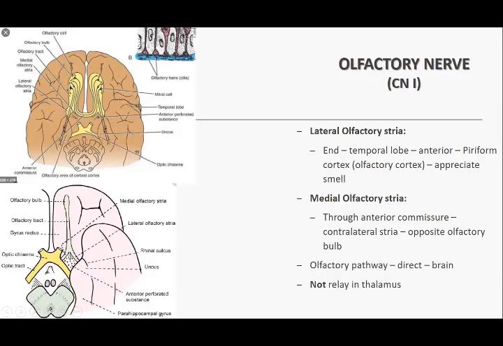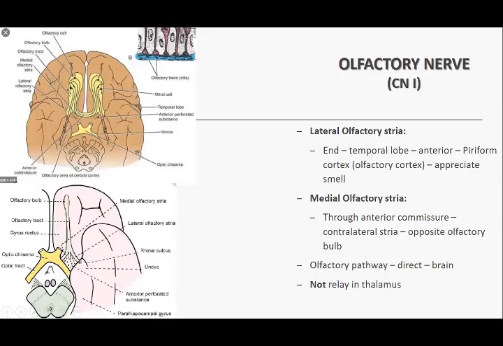Let's first do the lateral olfactory stria. Before that, this is the frontal lobe. This is the frontal lobe, and this is the temporal lobe. This whole thing is the temporal lobe. Over here, this is the temporal lobe. Now this lateral olfactory stria ends in the anterior part of the temporal lobe over here.